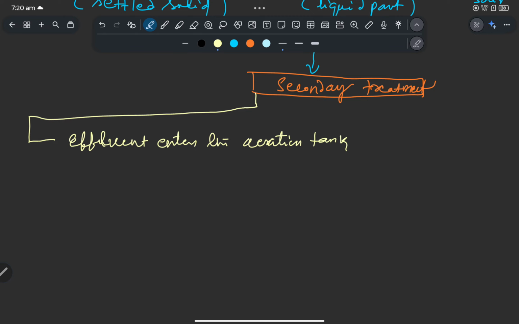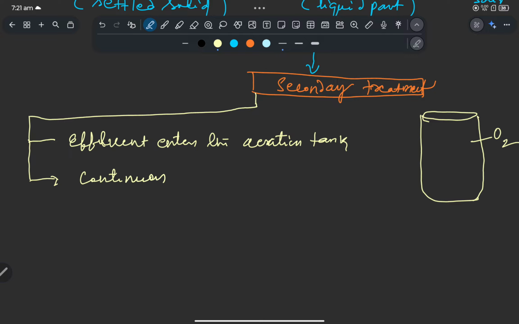What is an aeration tank? An aeration tank is a tank which is supplied with oxygen, means air is there. This tank has continuous pumping of air. So that's why it is known as aeration tank.